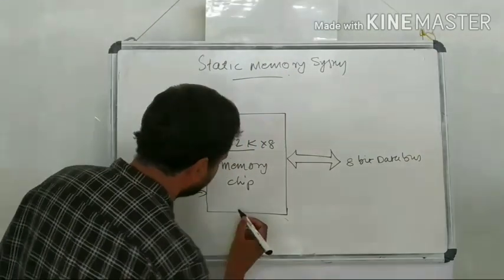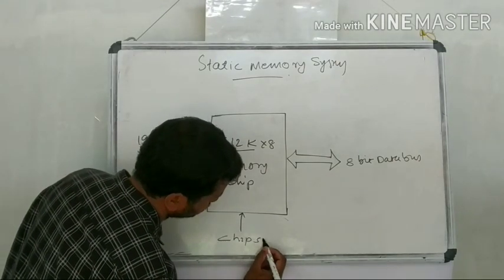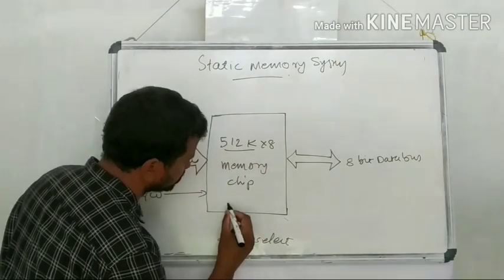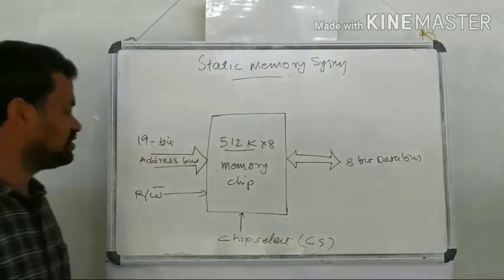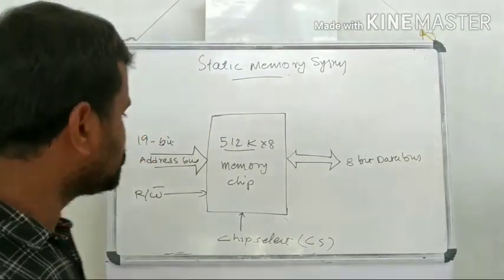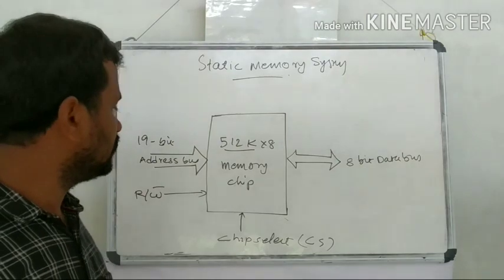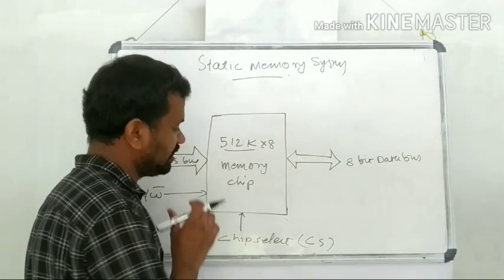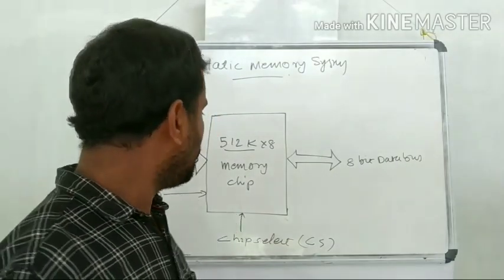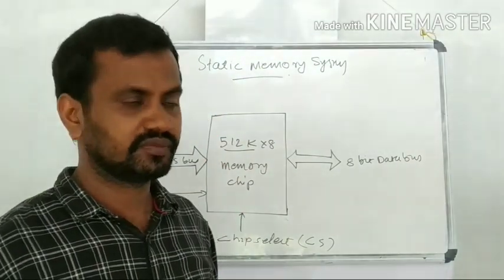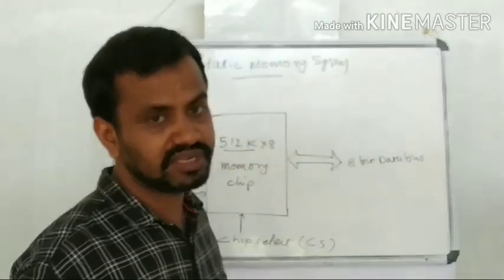And another line is chip select, or CS. We will call it CS or chip select. The purpose of this control line is to enable the memory chip. If the chip select line is not enabled or not active, then the memory chip will be disabled and the data bus will go into a high impedance state.